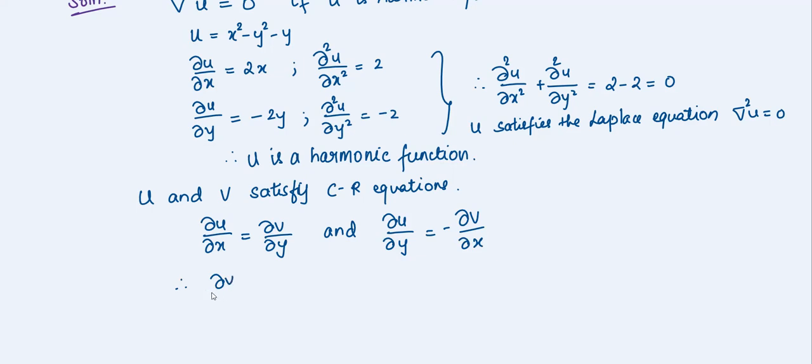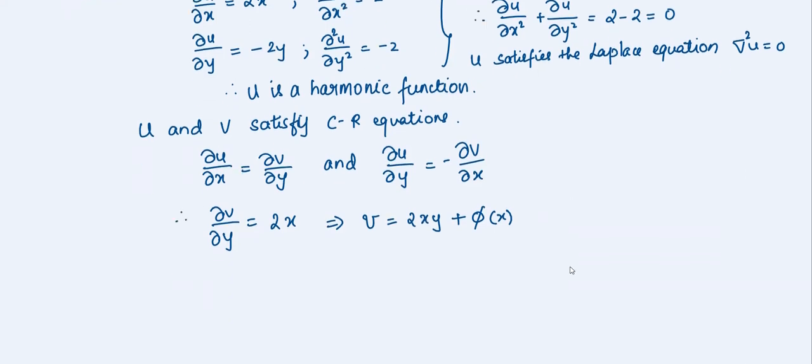Therefore, dou v by dou y is dou u by dou x, that is 2x. Integrating, v will be 2xy plus some function of x, because the partial derivative with respect to y should give you 2x. The constant of integration can be a function of x plus some constant.